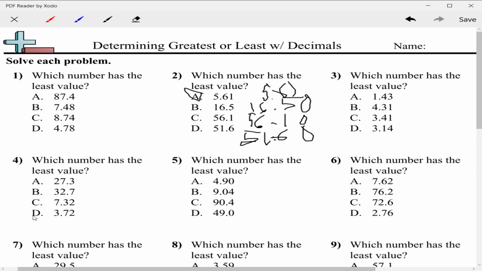So the smallest would just be D because 3 is smaller than these ones. You don't even have to look at the decimals after the decimal place because in the ones column, whichever number is smallest before the decimal, then that's going to be the smallest number.